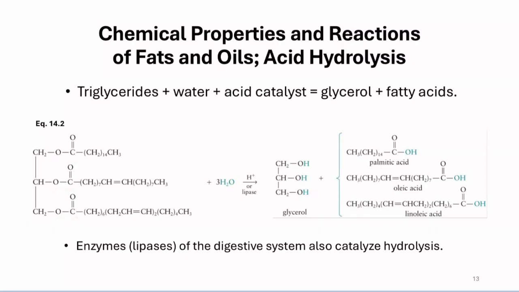But if we start with a triglyceride, we need water and acid, or water and an enzyme, in this case lipase, which is going to act as our catalyst to take the 3 ester bonds in the triglyceride into a single alcohol molecule, which is glycerol, along with the 3 different fatty acids that were present in the triglyceride.